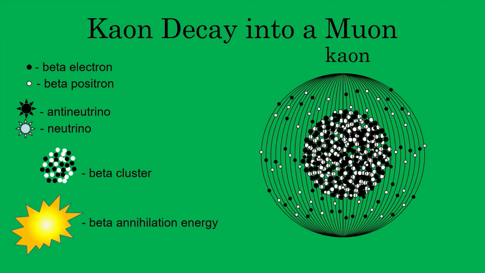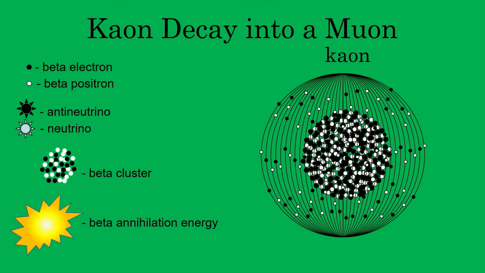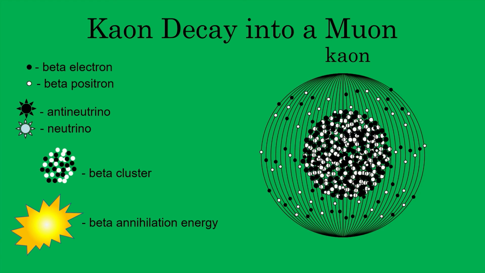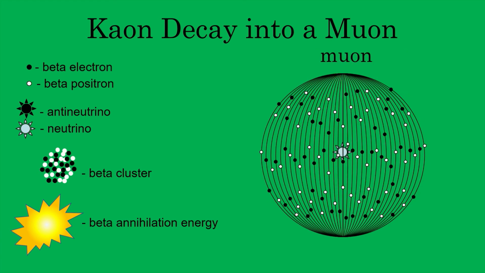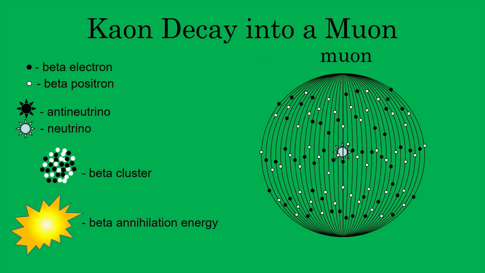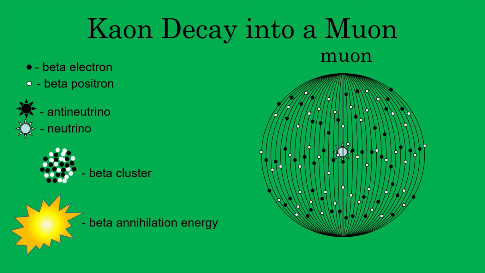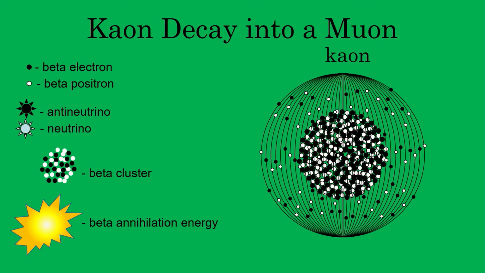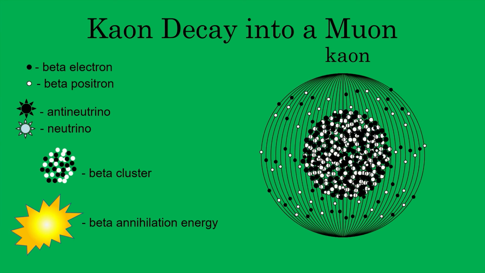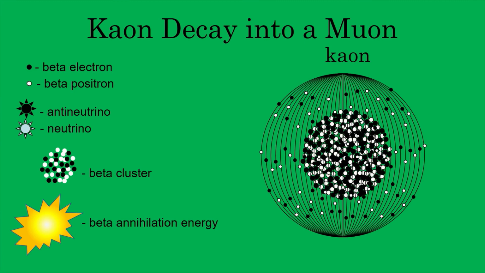Now, like the pion, if the beta electrons and positrons in the central cluster of the K mu kaon completely annihilate each other, the energy created inside the muon shell along with the valence particle of the shell can create a muon neutrino-antineutrino pair. The shell can keep whichever neutrino aligns with its valence particle to form either a positive or negative muon and eject the unused neutrino. The K mu kaon decays into a muon.